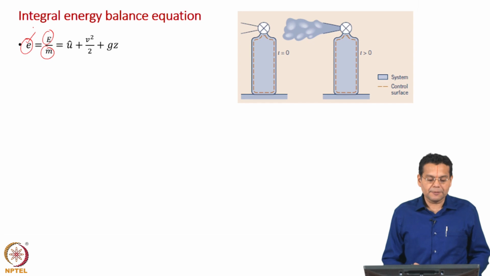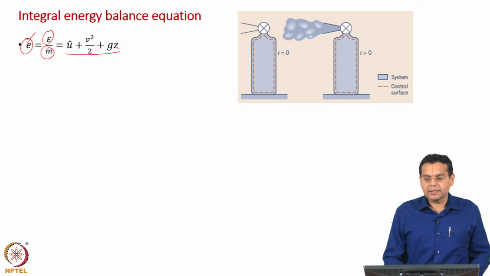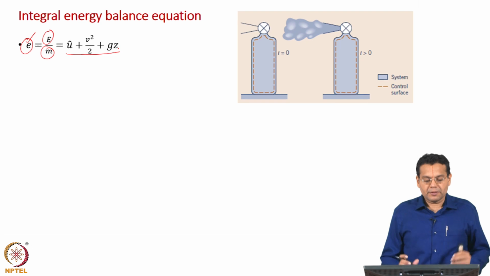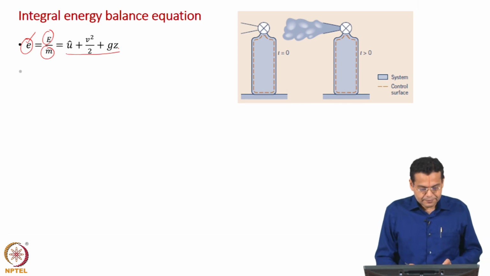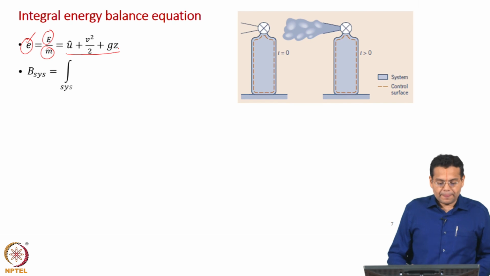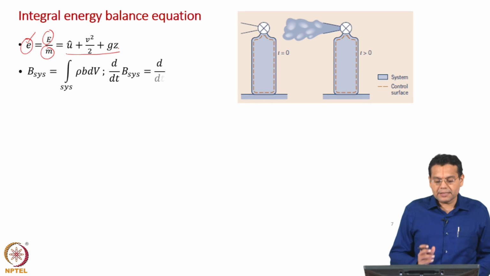So when I say energy, it represents the sum of all the energies per unit mass, namely internal, kinetic and then potential energy. So capital E represents the extensive property energy, and per unit mass if you divide you get the intensive property energy. And of course, we have internal energy per unit mass, kinetic energy per unit mass and then potential energy per unit mass when you divide by m.